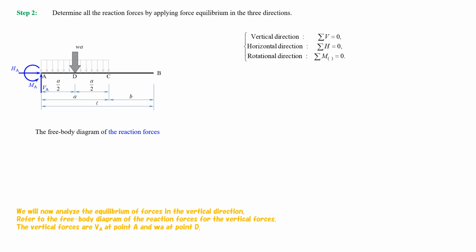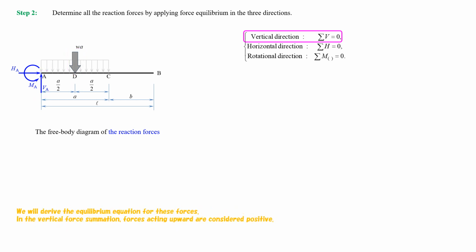We will now analyze the equilibrium of forces in the vertical direction. Refer to the free body diagram of the reaction forces for the vertical forces. The vertical forces are VA at point A and W multiplied by A at point D. We will derive the equilibrium equation for these forces. In the vertical force summation, forces acting upward are considered positive.